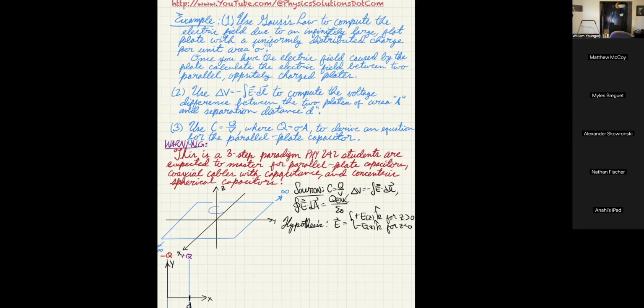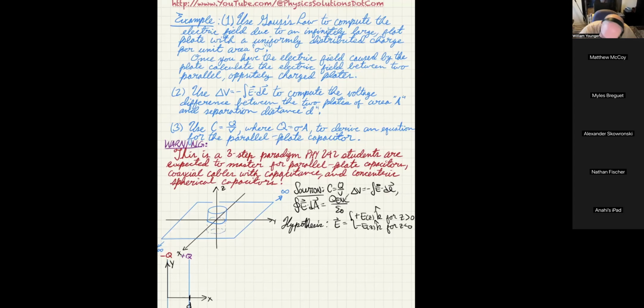So let's say that's my Gaussian surface, and it actually is shaped like a cylindrical soup can, and the top of the soup can is above the plane, the infinite plane, and the bottom of the soup can is below the infinite plane.